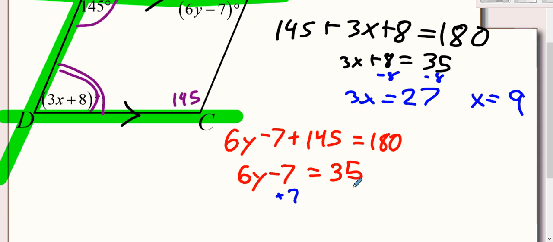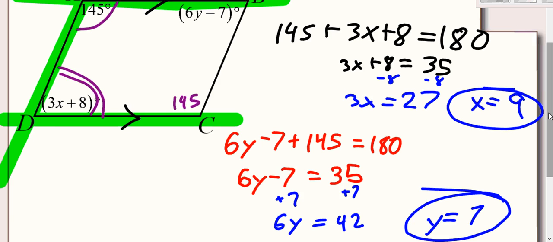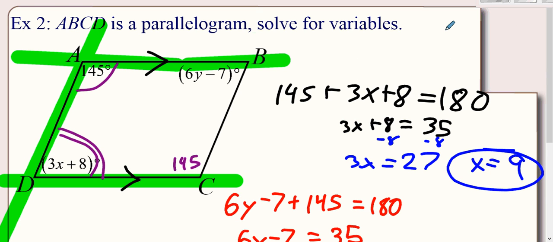Add the 7. So you get 6y is 42, which means y is 6 times 7 is 42. 7. So x is 9, y is 7. Again, this question just said solve for the variables. It didn't say find the angle. So that's it.